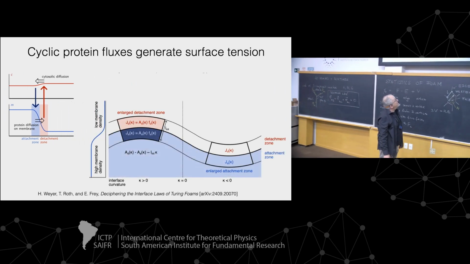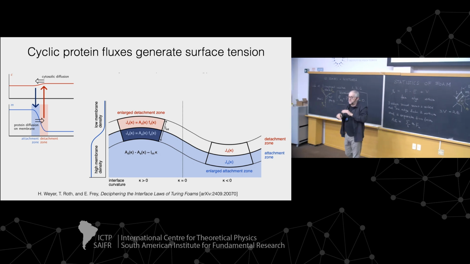Now, let's look at this. It's a bit complicated, but I'll help you through. We are now looking on the surface, right? So we're not cutting the surface, we are looking on the top layer of that surface, and this here is the interface on the membrane between the high density phase and the low density phase, okay?